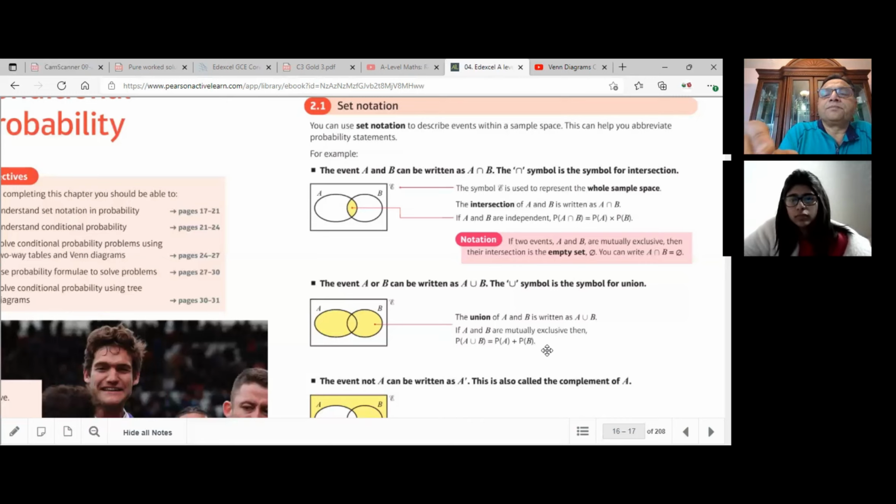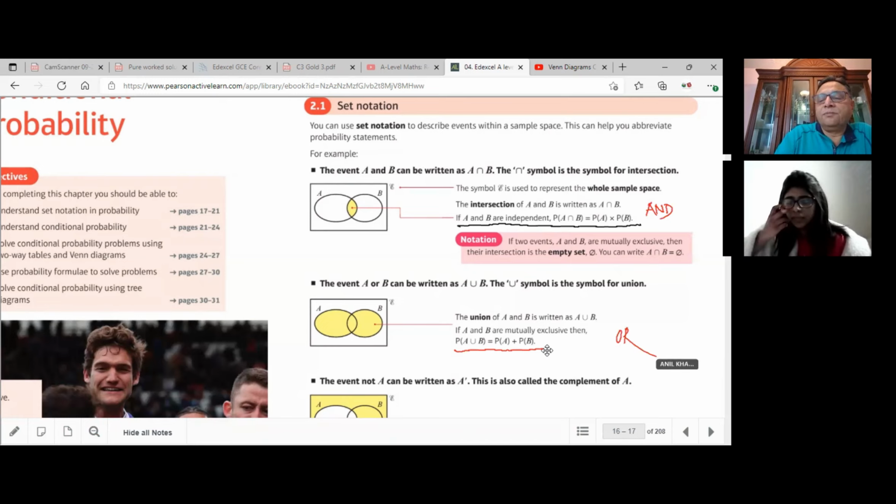Independent means two events are independent if and only if the probability of both events with an AND condition, the intersection, is equal to the product of each probability. The second one is the union of A or B, which is an OR operation, and this is your AND operation.